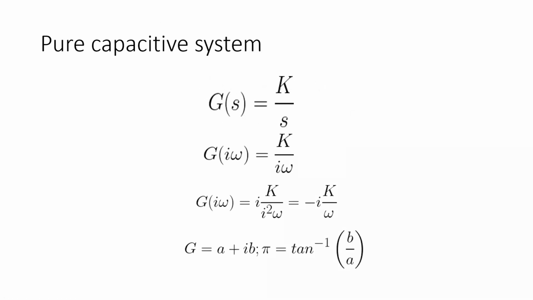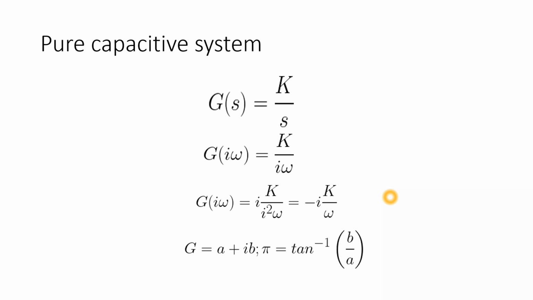For pure capacitive system, G(s) is given as K by s, and we put s equal to i omega. If I multiply and divide by i, then I get i upon i square. i square is minus 1, so it will be minus i K upon omega, which is of the form a plus ib. For a plus ib, phi is equal to tan inverse b upon a, and since there is no a, it is 0.